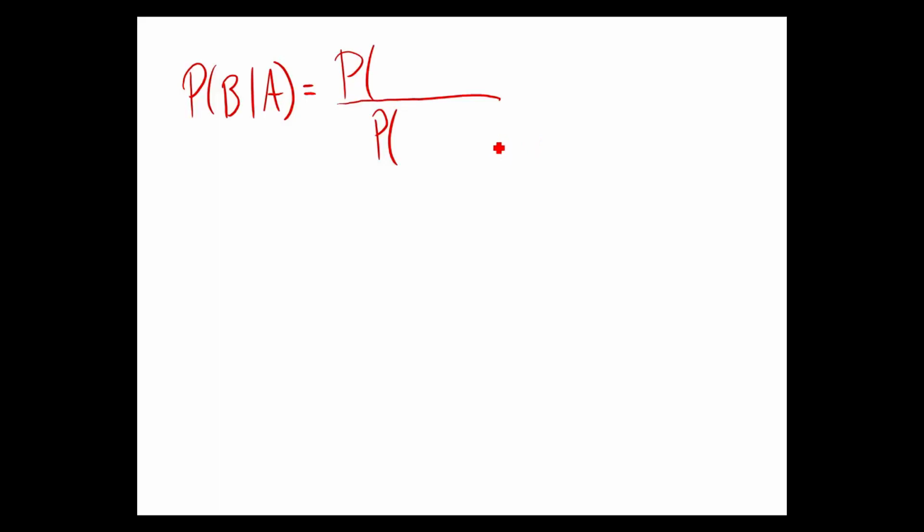A and B, the intersection of the two, on top. And what goes downstairs? A. Why has it got to be A? Because A is the given condition, so the probability of the given condition is what goes on the bottom.